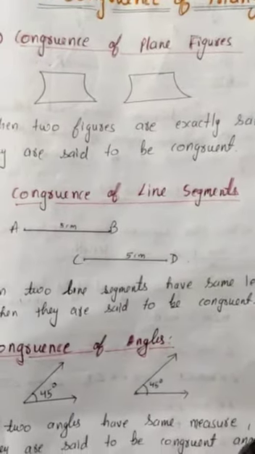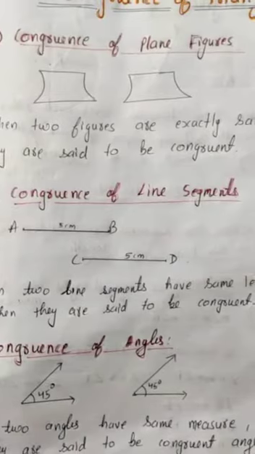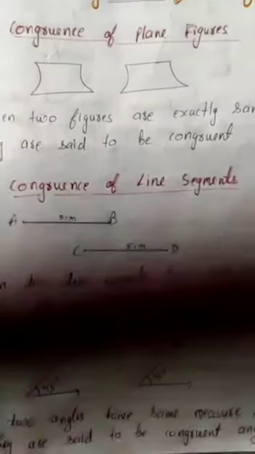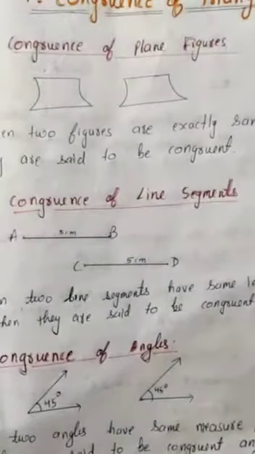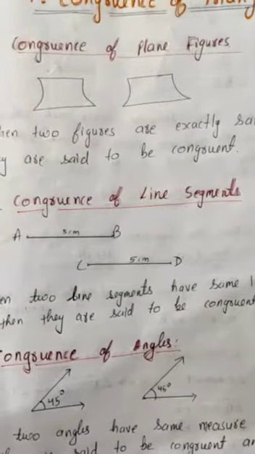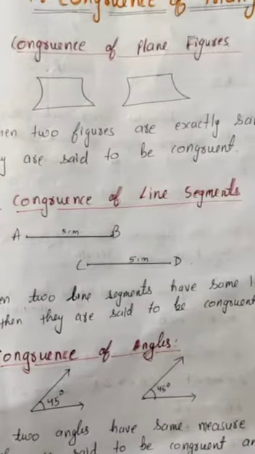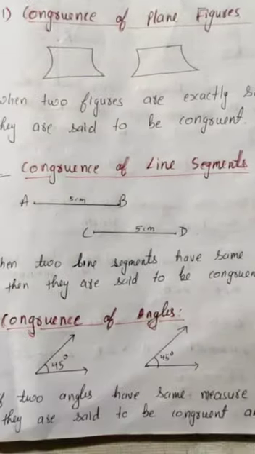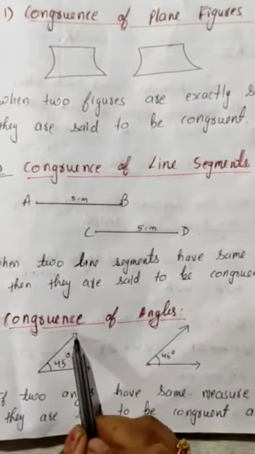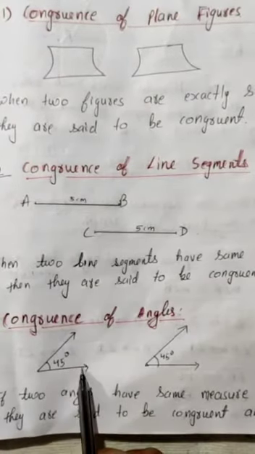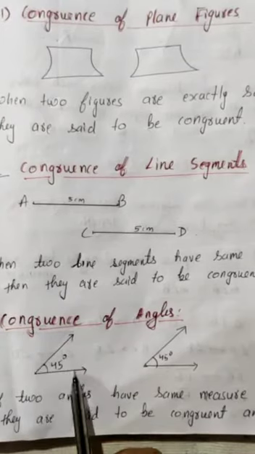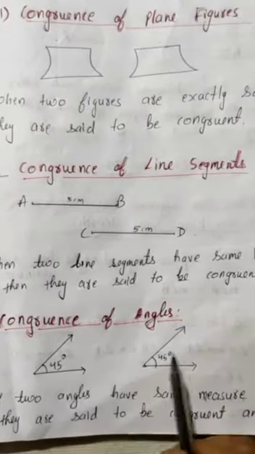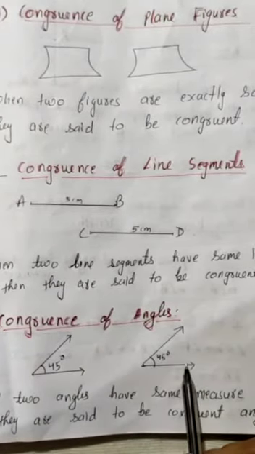Then you have congruence of angles. In congruence of angles, now you will be using the protractor. Using the protractor you will construct the angles. When you are constructing two exactly equal angles, here also I have constructed an angle of 45 degree. This is also an angle of 45 degree.